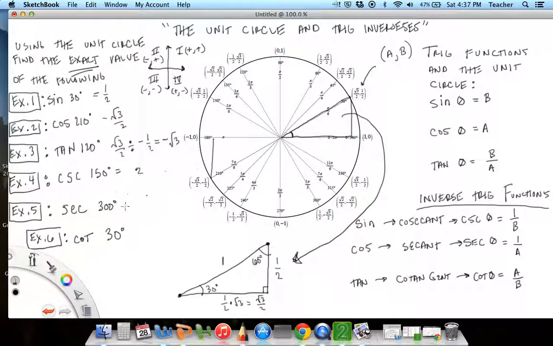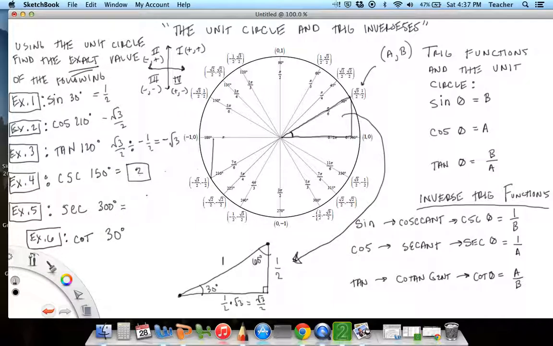All right, and we'll talk about that. Do not worry. Is that possible? We'll look at that as well, because can it equal 2? We'll see. I want us to talk about this and think about this on Monday. What we have here is the secant of 300.